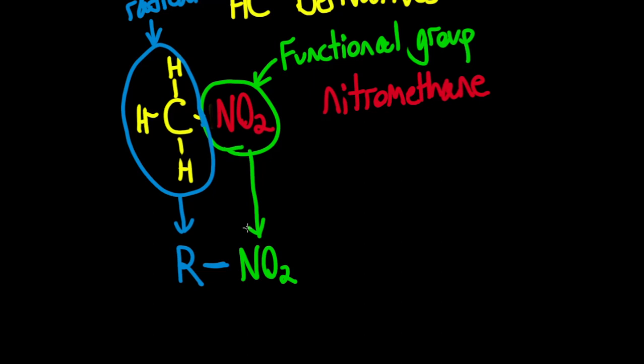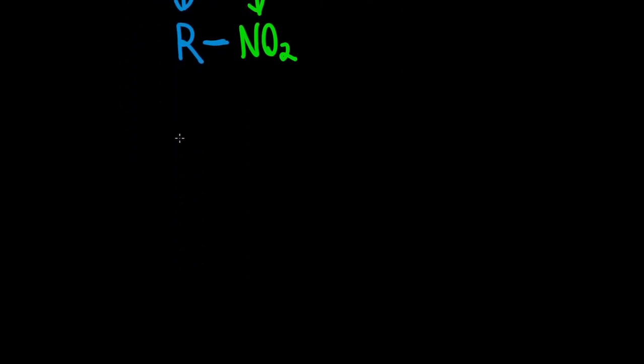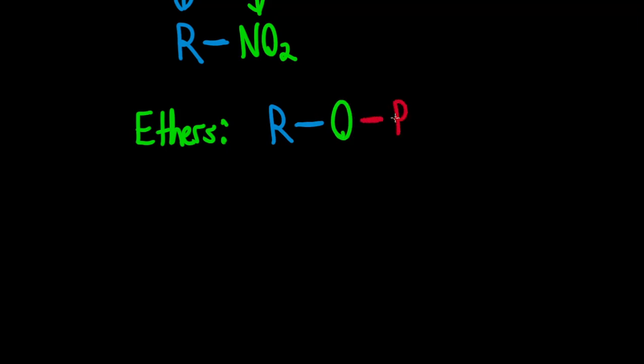If we have a hydrocarbon derivative that has multiple hydrocarbon radicals, like an ether, we can call the second hydrocarbon radical R prime. So my general formula for ethers is going to be R dash O, and then I'm going to have another radical over here, R prime, which means that it can be different.